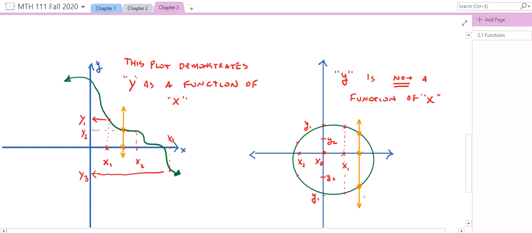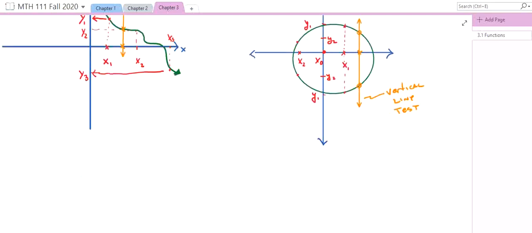So the vertical line test. Vertical line test is a good way, if you have a plot, to determine if that plot is exhibiting functional behavior.